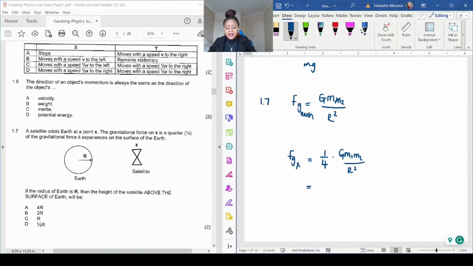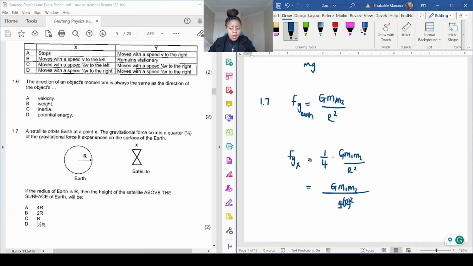Okay, if I write it all under one division sign, I have 4 R squared. Now it says the height of the satellite above the surface of the Earth will be 4R. No, it's only R that is squared. Okay, 4 is just the number before R squared. So we didn't change the radius at all.